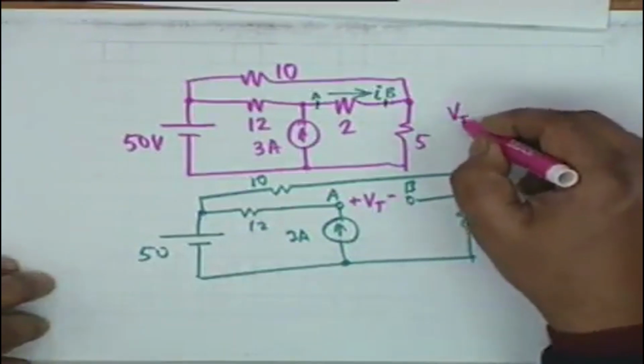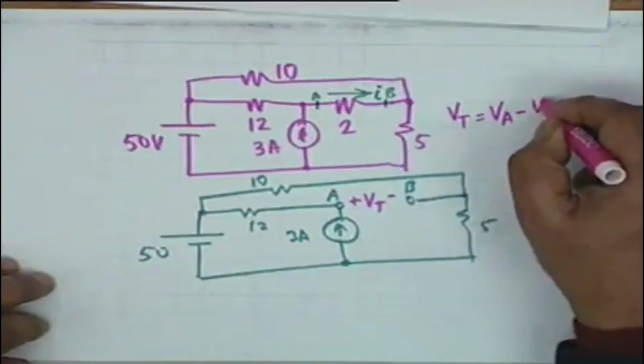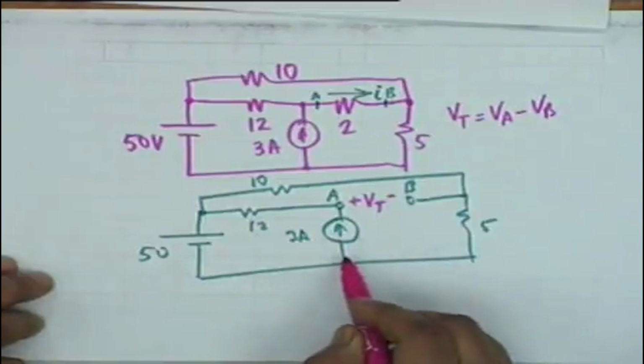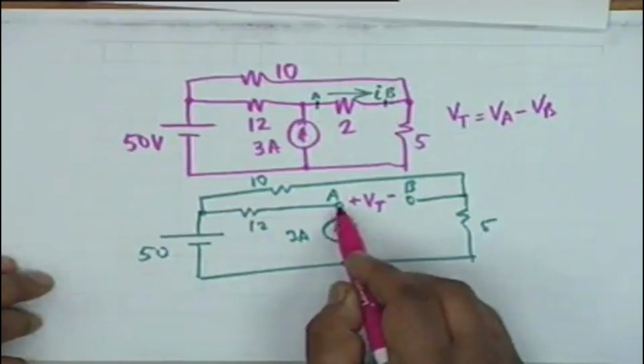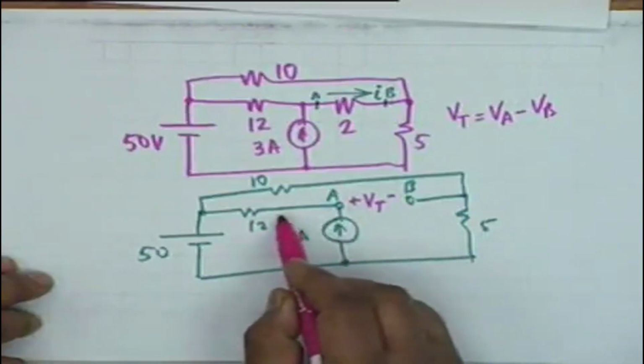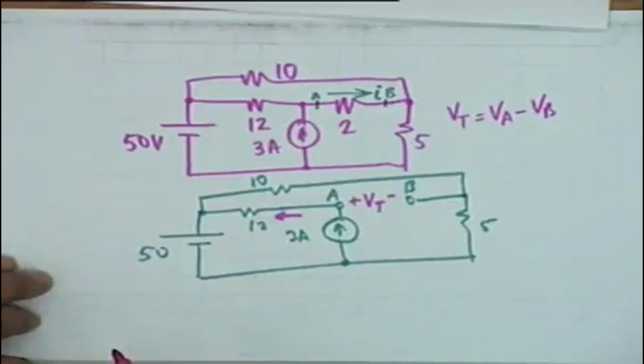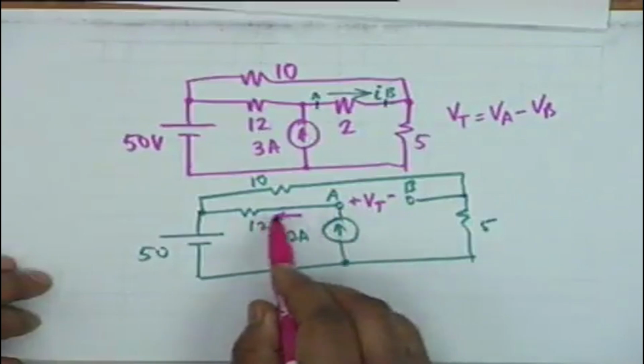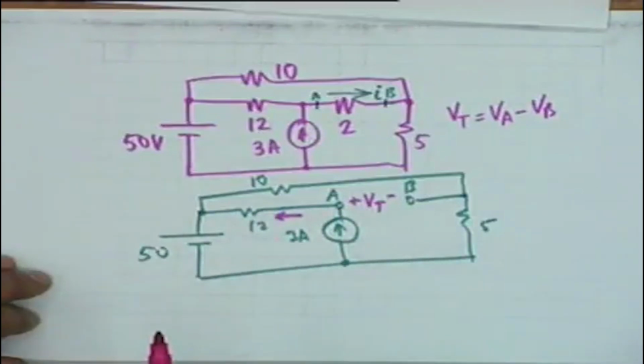We are going to calculate now Vt. Obviously Vt, as I said, is equal to Va minus Vb. So let's find out what is Va. You see that in calculating Va, we have a current source here, 3 ampere. What can this current source do? It can only drive a current through the 12 ohm here. It cannot flow in any other direction. This is the only freedom left to it, and therefore it will cause a voltage drop across 12 ohm of 36 volts, 3 times 12, 36. With what polarity?